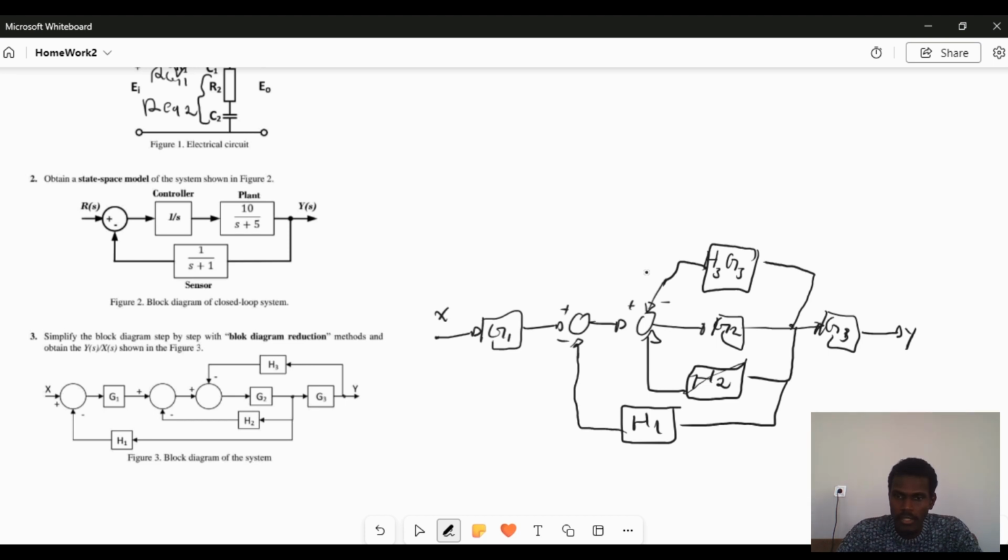No, here we should modify this. This is not here. This should be here, and this one is not here, but here. Yes, before that. So we can modify it here. So H2 is here to this one, and H1 is here.